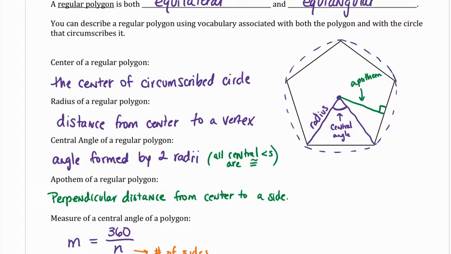It's kind of like dropping an altitude in this triangle, right? And that triangle with our 2 radii is an isosceles triangle because the 2 radii are always congruent. So that apothem is always going to split that side into 2 congruent parts. So these 2 pieces will be the same. Okay, so we can say that your apothem bisects the side, and we get 2 congruent pieces there.